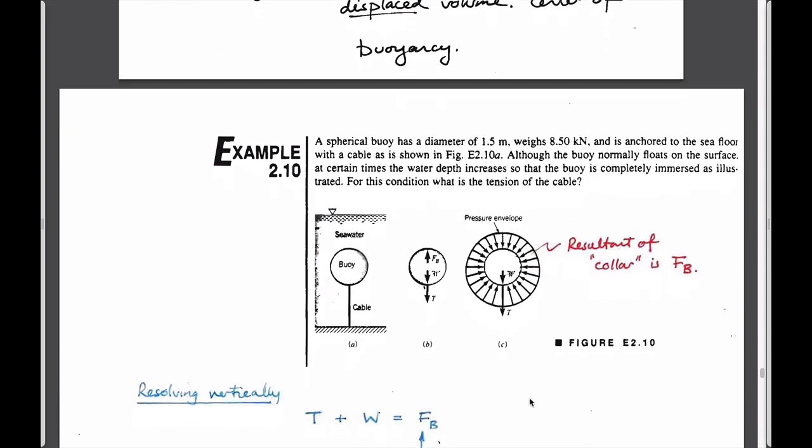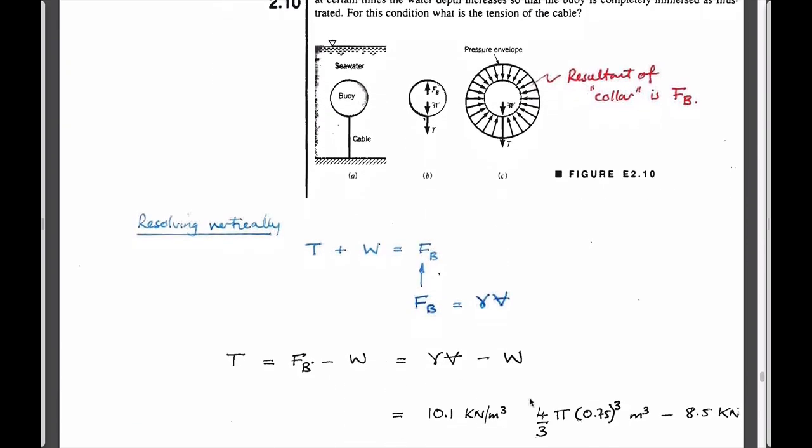We can resolve behaviors in terms of looking at resolving forces. If you have a buoyant force that's acting up here, if you have a weight of this buoy, and you also have a tension in a cable, then that's basically the system that you have here.